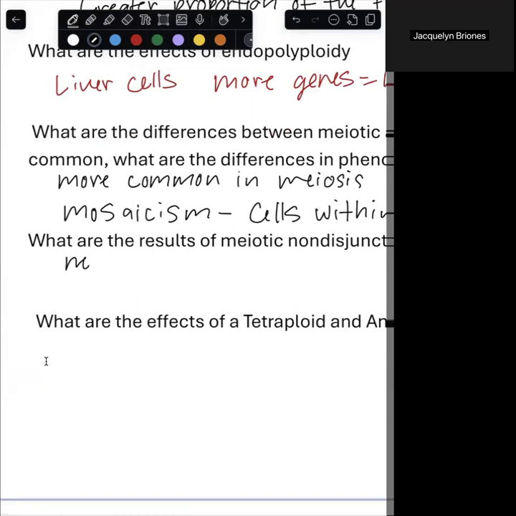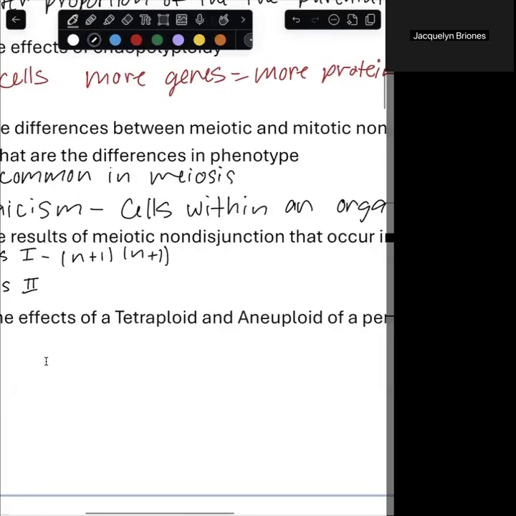In meiosis one, we have N plus one, N plus one, N minus one, N minus one.